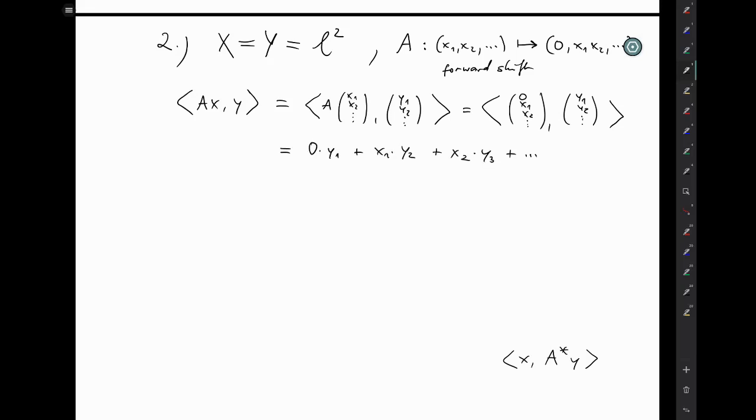Assuming that we are using complex entries in our L2 spaces, we should not forget the complex conjugate bars here. If you're talking about real entries, then you can ignore these. And now this is again the point where we don't quite know how to continue. So let's again work backwards.